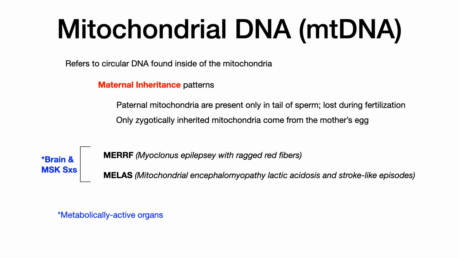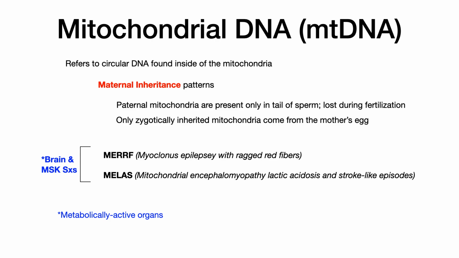So in both of these diseases, we see problems with the brain and we see problems with the musculoskeletal system, right? More specifically, the muscles. The brain and muscles use up exceptional amounts of ATP. So because your mitochondria isn't working correctly, you don't make ATP like you should, all of your symptoms, or I should say most of your symptoms, are going to be in those metabolically active organs.